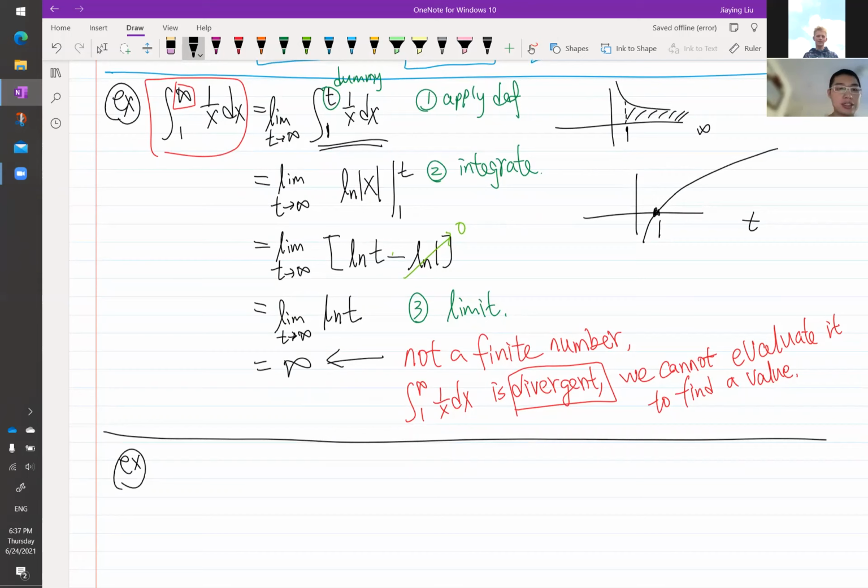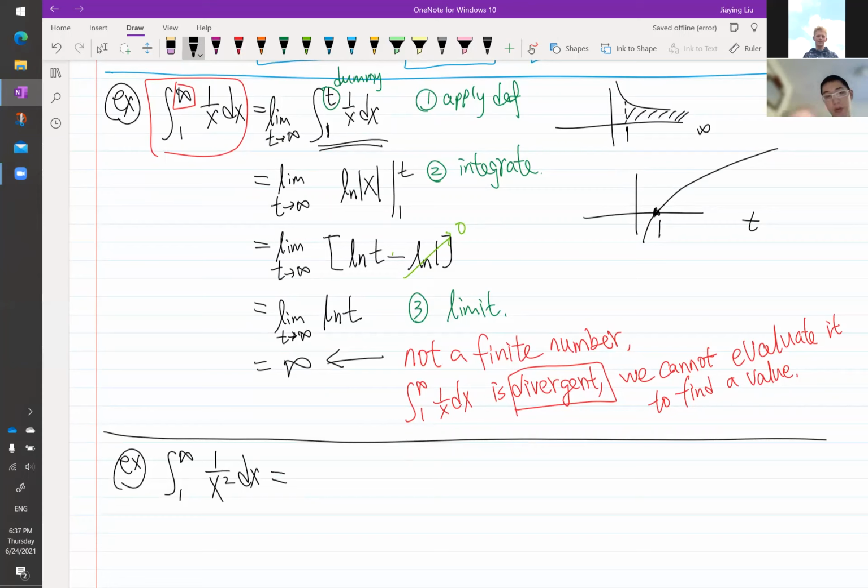The second exercise example I have is similar, but it's the integral from 1 to infinity of 1 over x squared dx. You probably wonder, if we integrate 1 over x we get divergent and cannot find the integral, will this be the same? Well, let's find out.